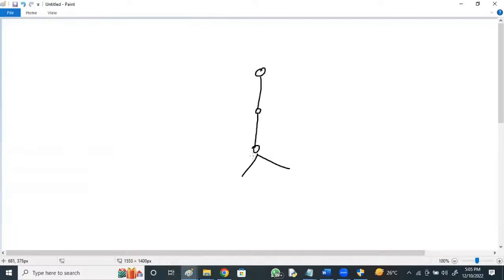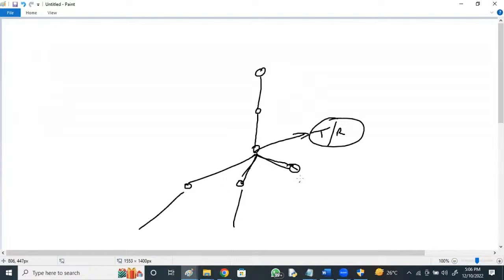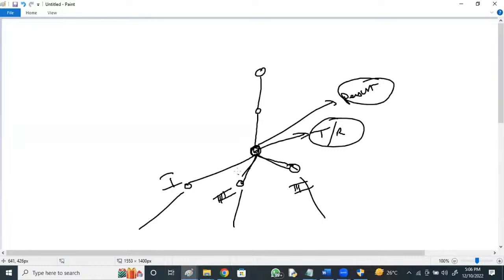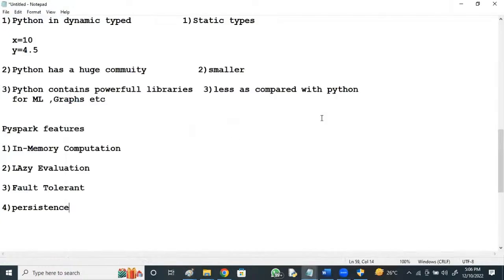The flow is going in this way, and this particular transformation is used by flow one, the first flow, second and third. These three flows are using this particular transformation. So persist this transformation, make it available in the RAM only, so that it can provide its output to the other flows. That is the persistence feature.